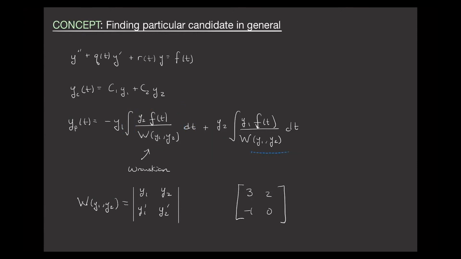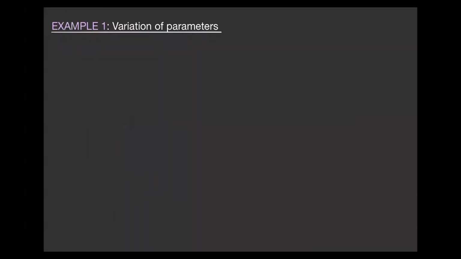And let's look at an example right away where I am going to pull this along so we can see what the formula should look like. So let's do this one. x double prime plus x is equal to tangent of t.